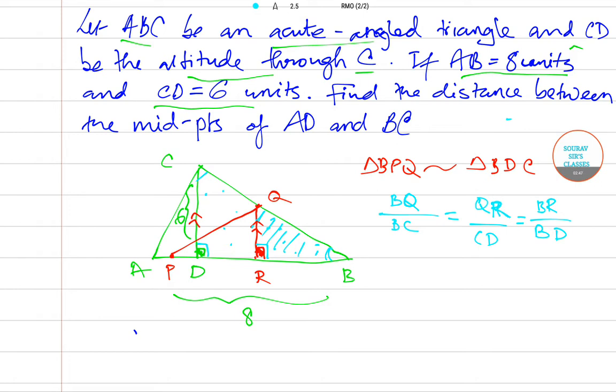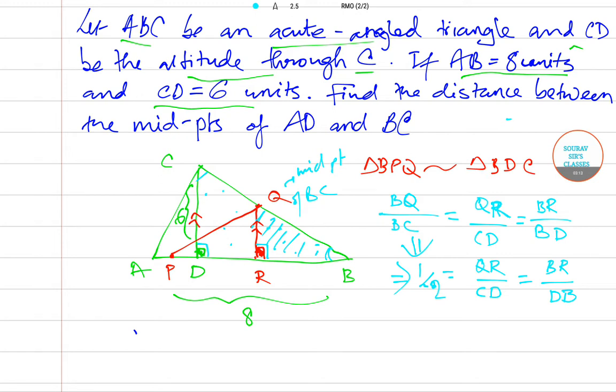So we know that BQ by BC equals half, since Q is the midpoint of BC. So half equals QR by CD, which is equal to BR by BD.